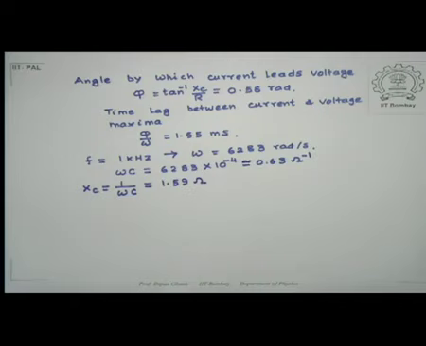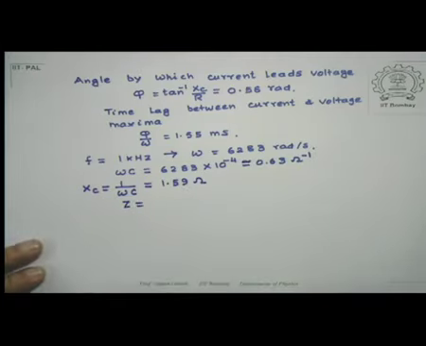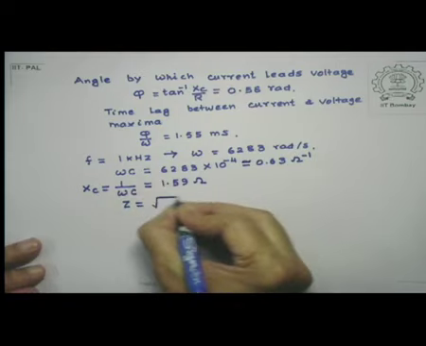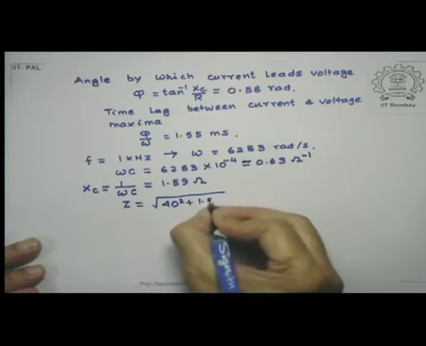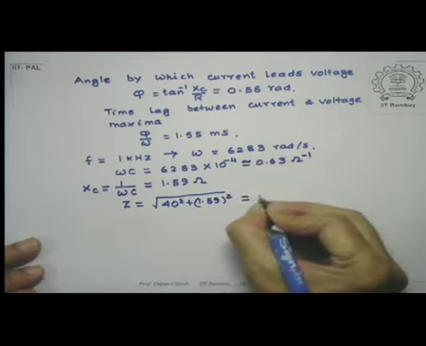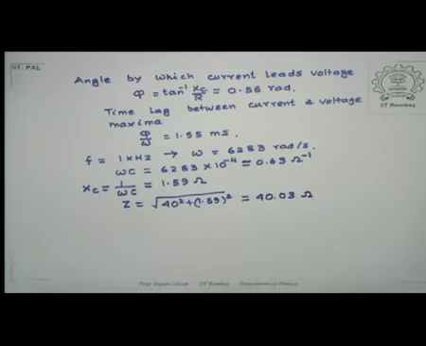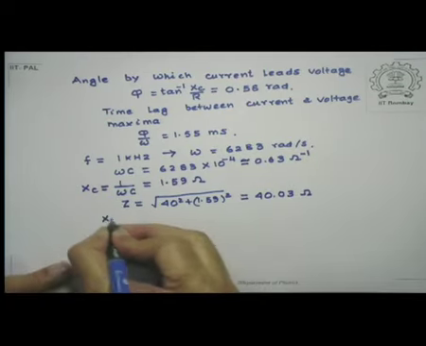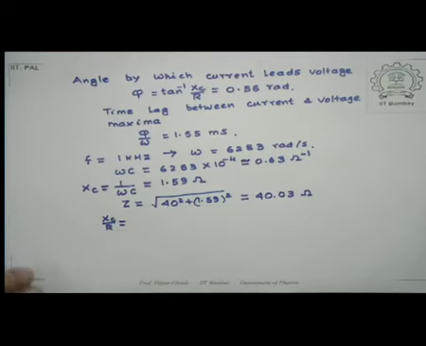Correspondingly 1 over omega c, which is equal to your xc, works out to just 1.59 ohms. I can calculate the impedance Z because the resistance is 40, so square root of 40 square plus 1.59 square, and that works out to about 40.03 ohms. Now look at what my xc by r is. Remember, my xc is small now, 1.59.